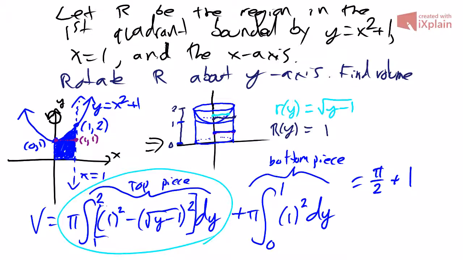So that's only that little r of y. This is only valid from 1 to 2. Now big R of y, that's valid from 0 to 2. But this little r of y, you won't have that inside radius show up in the bottom piece.